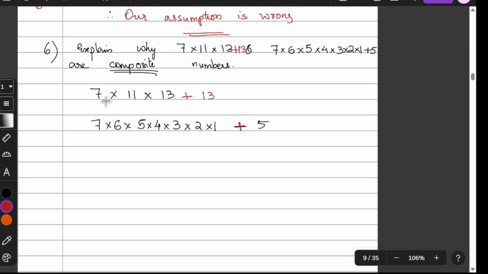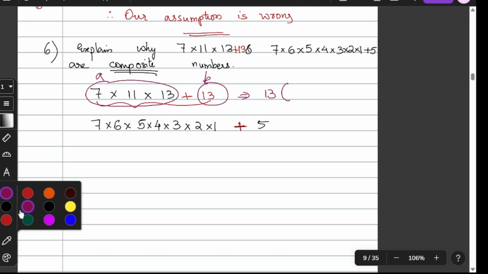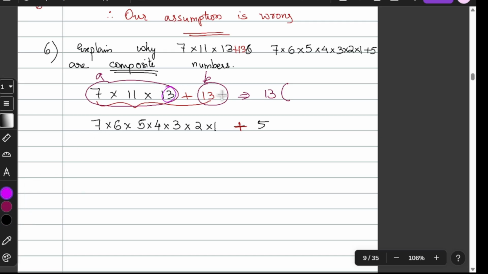Now if I consider this complete part as A and this complete part as B, 13 is common in both the cases, in the first part and in the second part. So I can take the 13 outside as common.